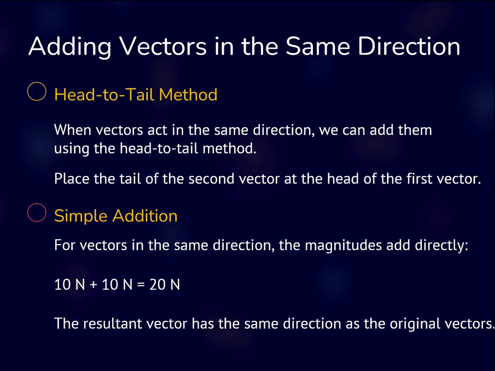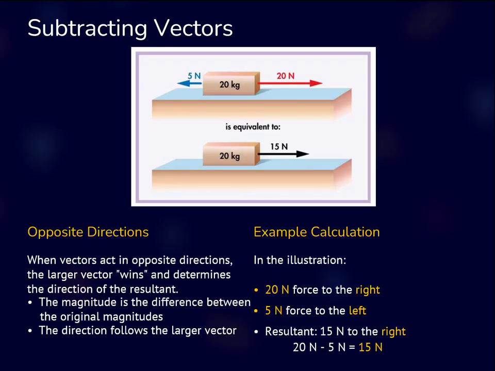The resulting arrow, meaning from the tail of the first arrow to the tip of the second arrow, is the resultant vector. It shows the total force, which in this case is 10 newtons plus 10 newtons, which is equal, calculator ready, 20 newtons in the same direction.